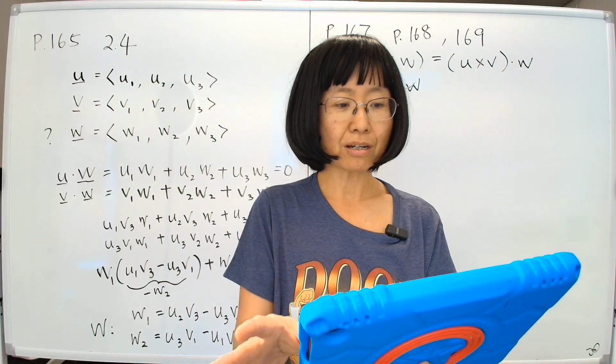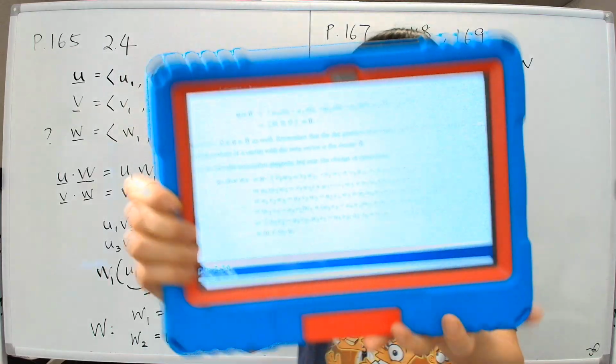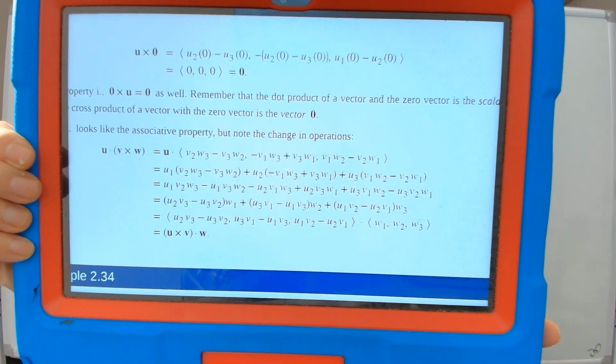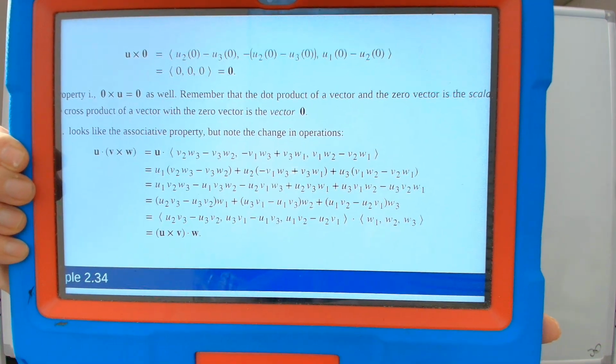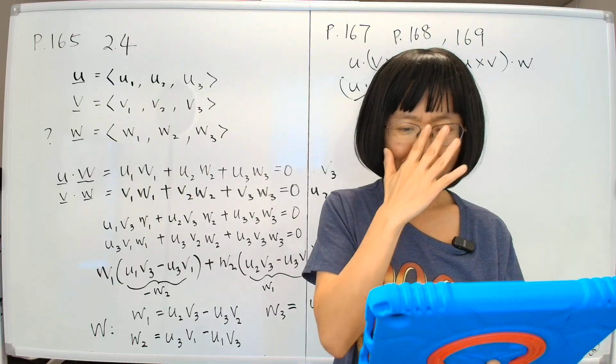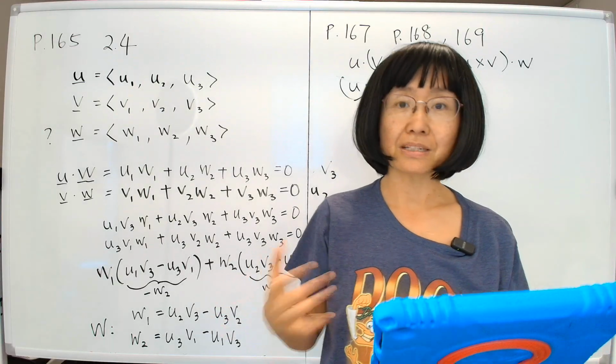And next one, crossing a 0. Then you have a bunch of zeros, right? You multiply by a bunch of zeros and then subtract, and you end up with 0. So that is fairly straightforward. Obvious if you think about it.